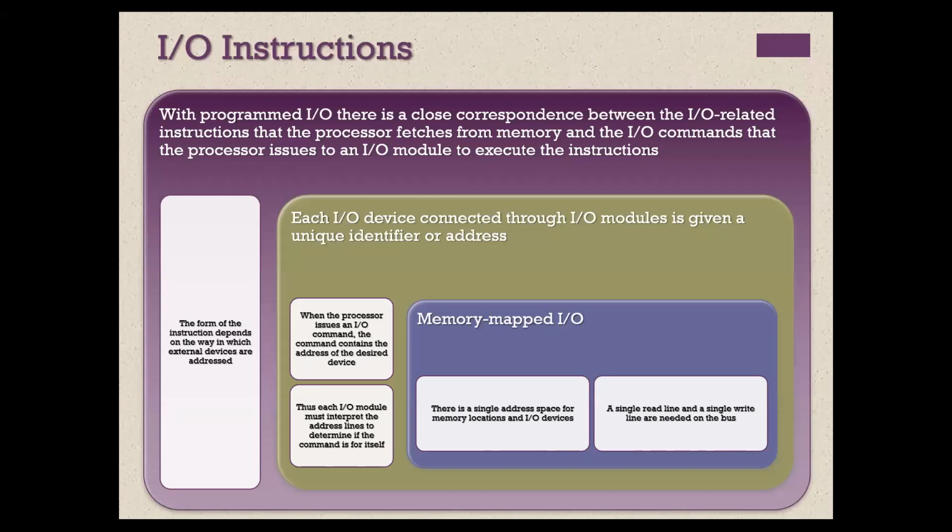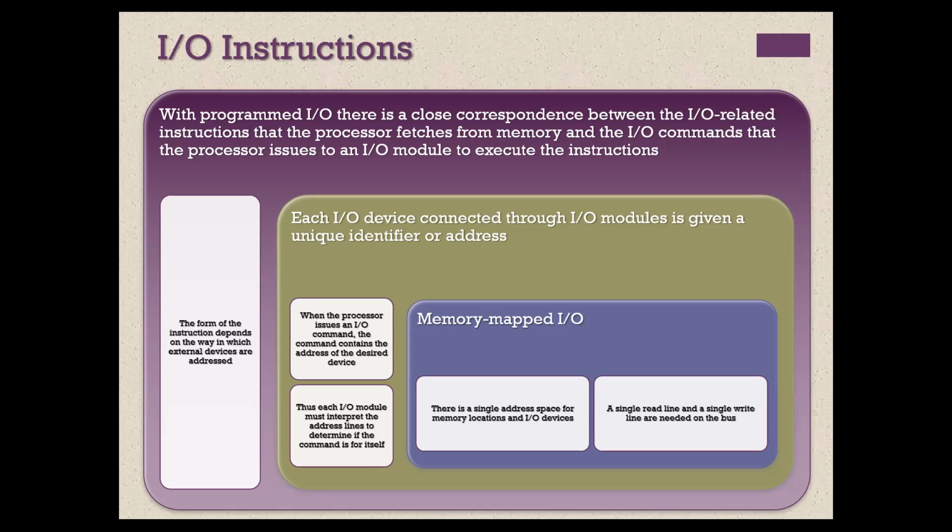So in respect of IO instructions, with programmed IO, there is a close correspondence between the IO-related instructions that the processor fetches from memory and the IO commands that the processor issues to an IO module to execute the instructions.